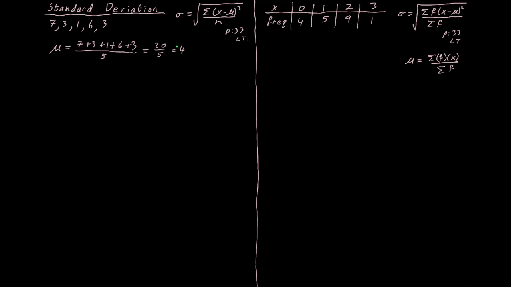There's no particular reason to expect that this ends up as being a whole number, or you can get questions where this is an unpleasant decimal. You just keep the decimal to 4 decimal places and you do your calculation throughout. In this case, we have a nice whole number to work with. So the standard deviation is going to be getting the difference between our mean and each one of our data points, squaring them, adding them all up.